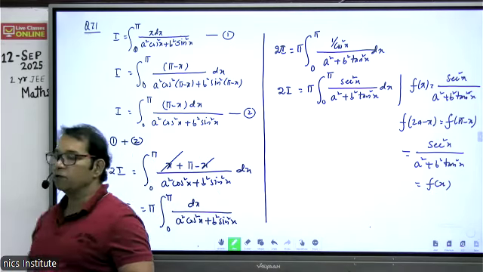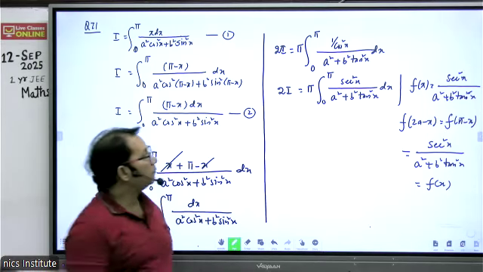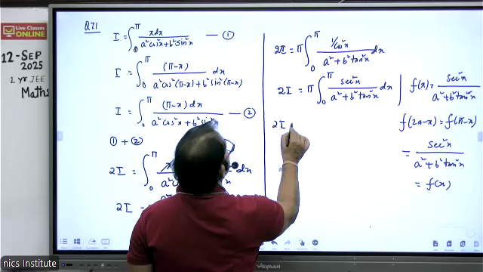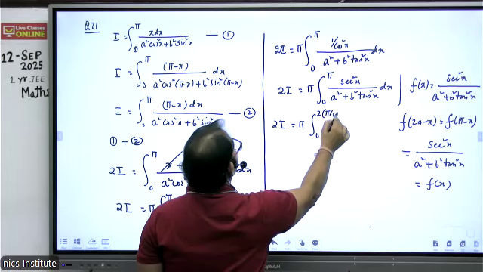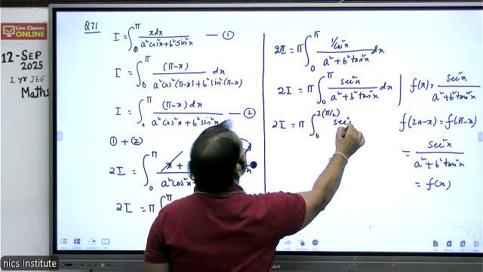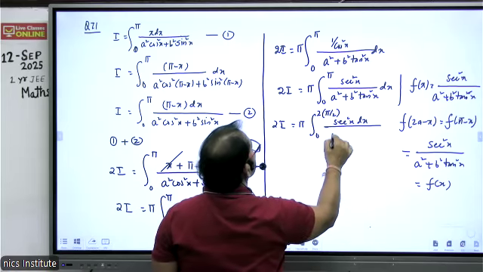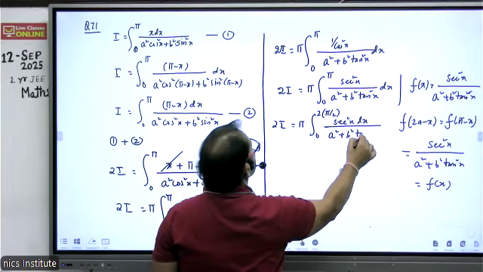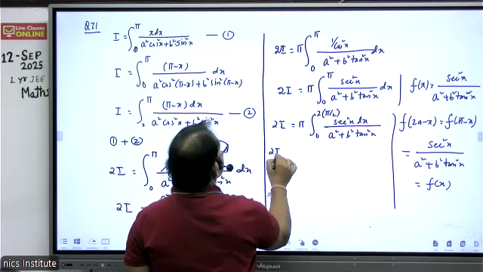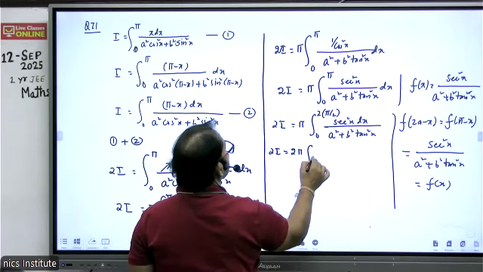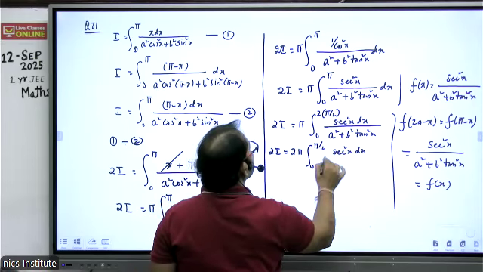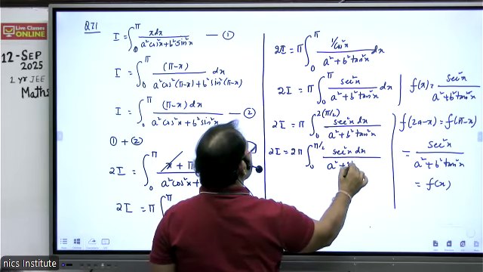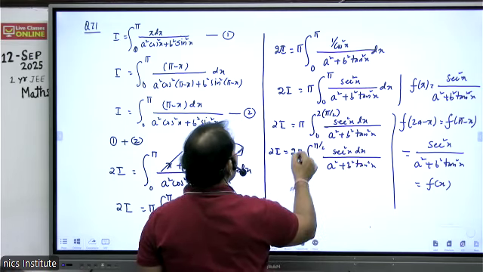So we can easily apply the 0 to a property. This pi you can write as 2 into pi by 2, and this 2 will come out here. So it is 0 to pi by 2, sec square x dx over a square plus b square tan square x. This 2 and this 2 will cancel out.